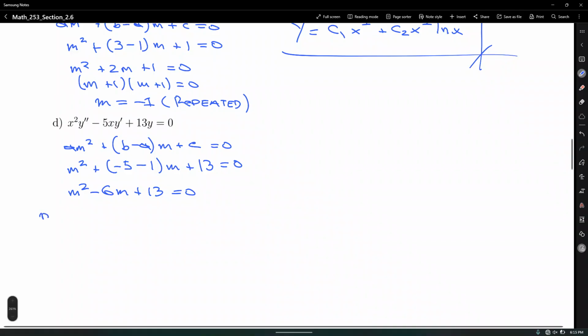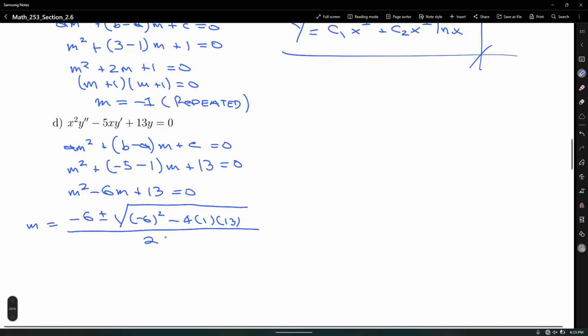So m, let me use the quadratic formula for this. So m equals minus negative 6 plus or minus the square root of negative 6 squared minus 4 times 1 times 13, the 4ac part, everything divided by 2 times 1. All right.